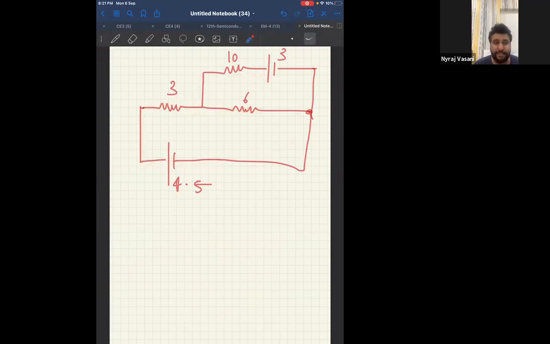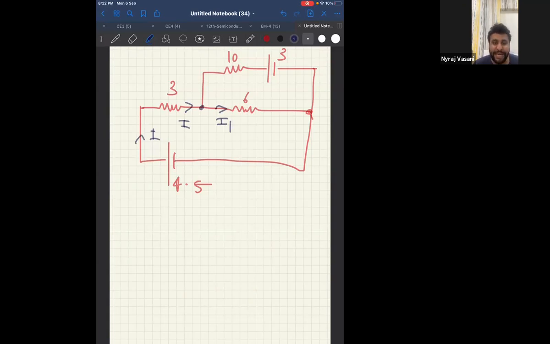So my main intention is what is my current I? Therefore, their thought process is I will let current I pass over here. And at this point, I'm assuming, let current I1 flow, because there is a node.